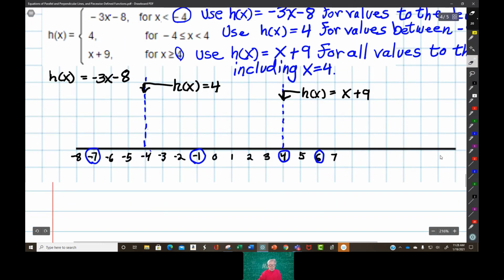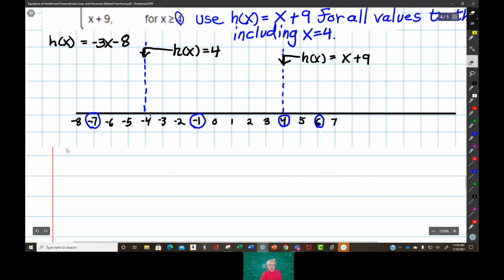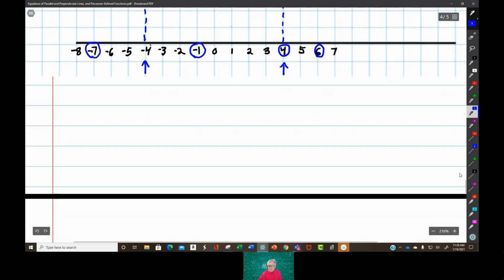All right, so you look and you see on which side of the important numbers, -4 and 4, these numbers are.